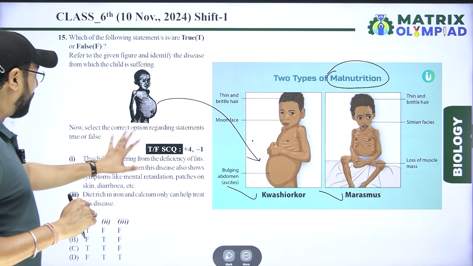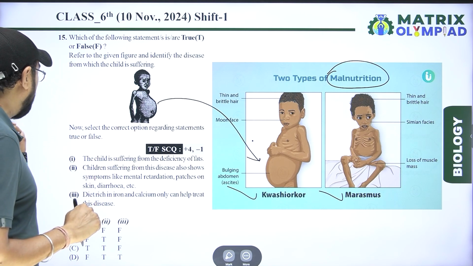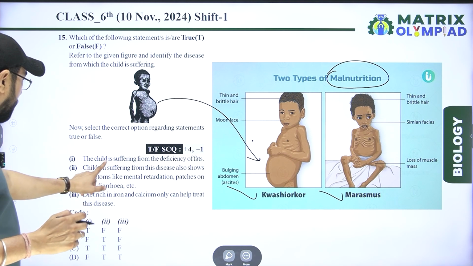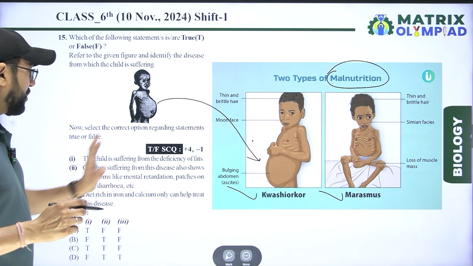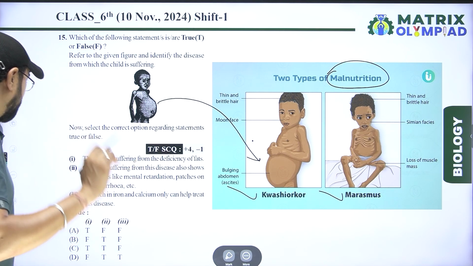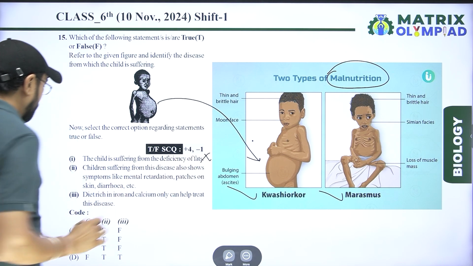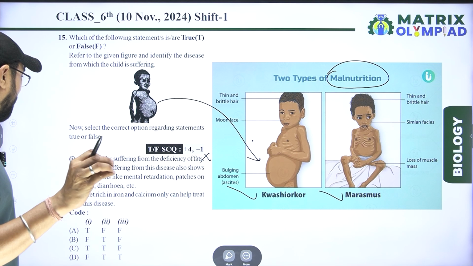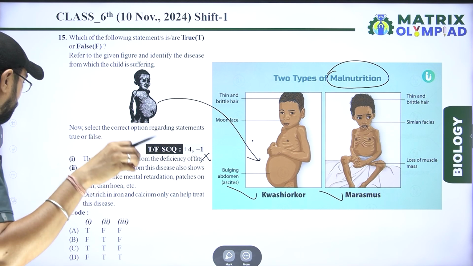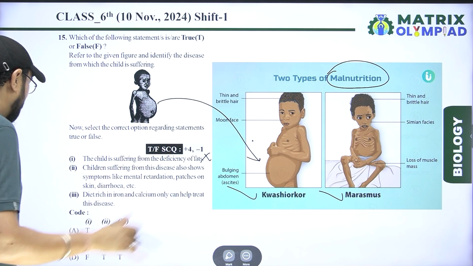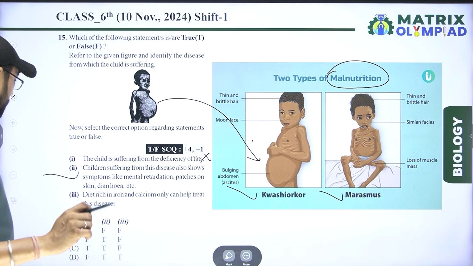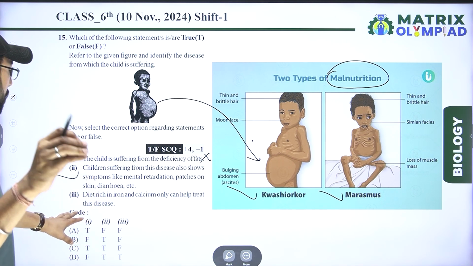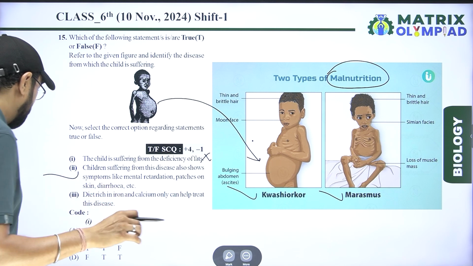Now select the correct option regarding the true and false statements. The child is suffering from a deficiency of fat. That is wrong. The child suffering from this disease also shows mental retardation, patches on skin and diarrhea. That is right. A diet rich in iron and calcium only can help treat this disease.